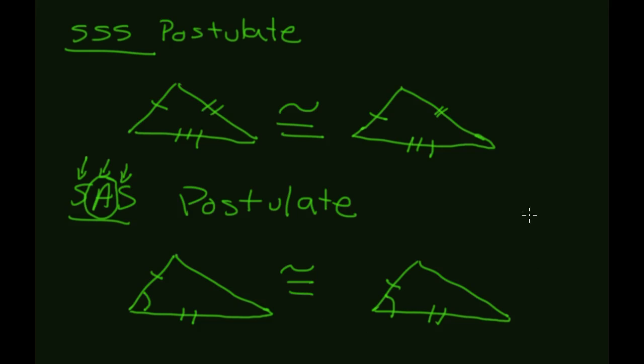Okay, so here's the reason why we have to be careful about this. I'm going to show in a minute that if you have an angle other than the included angle, you have a problem. So let's take a look at why that is. Let's draw a triangle this way, and let's draw another triangle, very similar, this way.